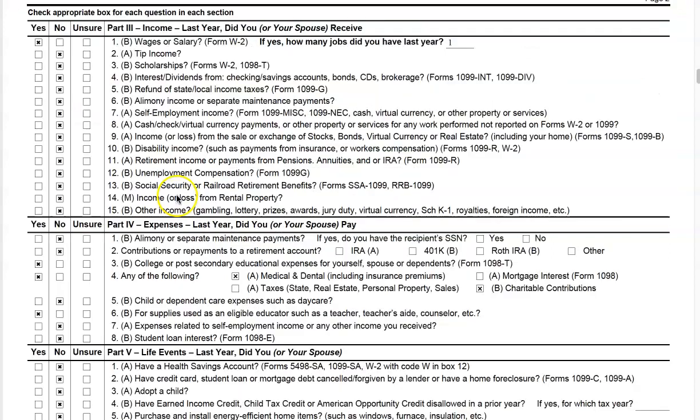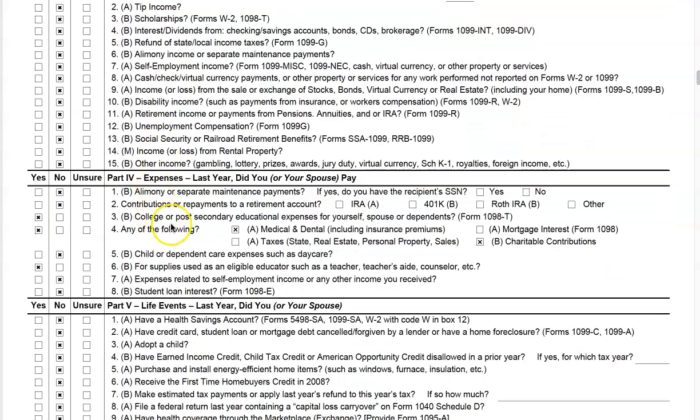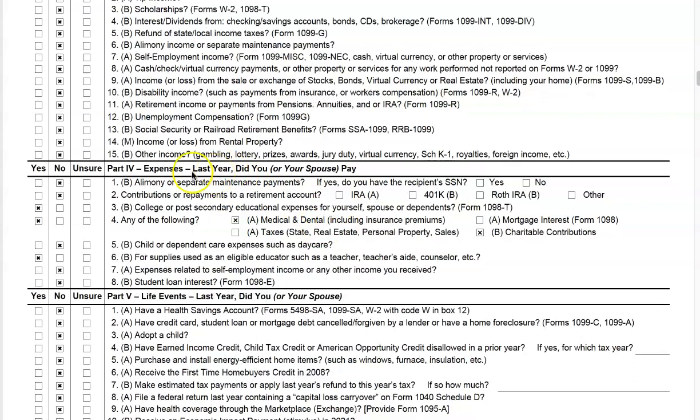On page 2 of the form, we're looking for questions that are answered yes or any that are answered unsure. So Sophia has some wages or salary. We should have seen that there's a W-2. College or post-secondary expenses, there's a tuition statement. Any of the following, medical, dental, everybody has those. Unless they're extreme, it's not relevant.